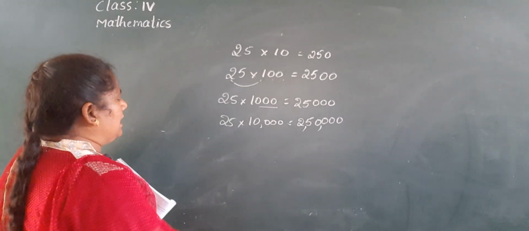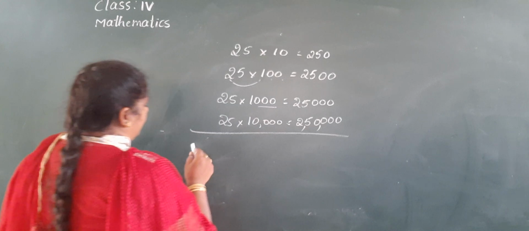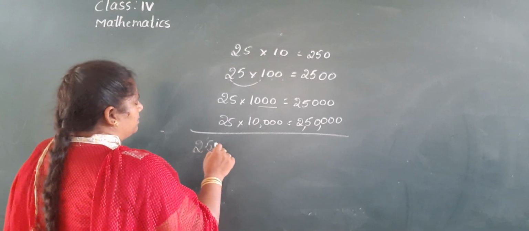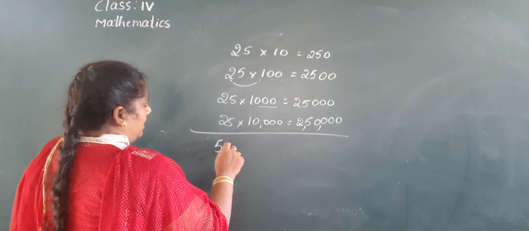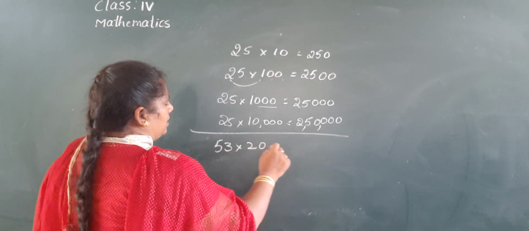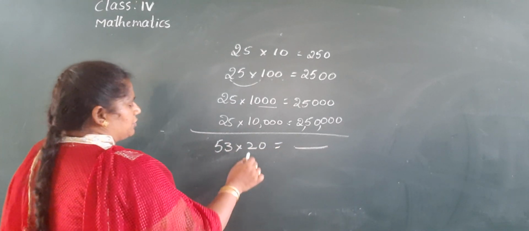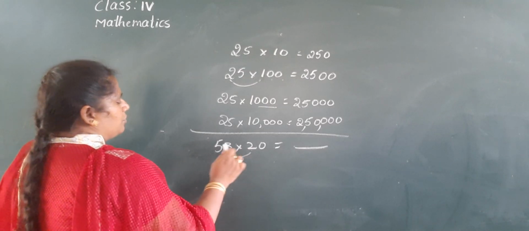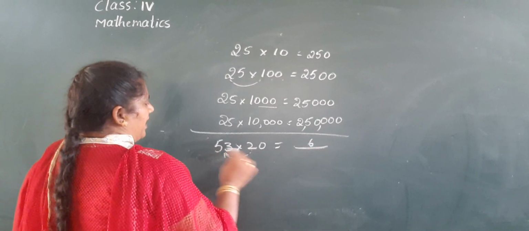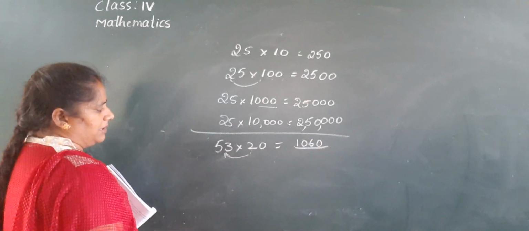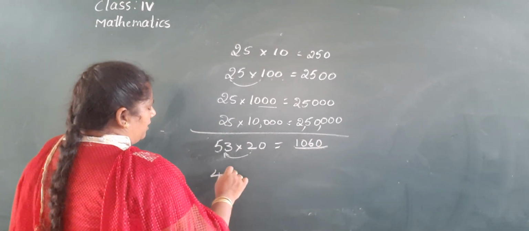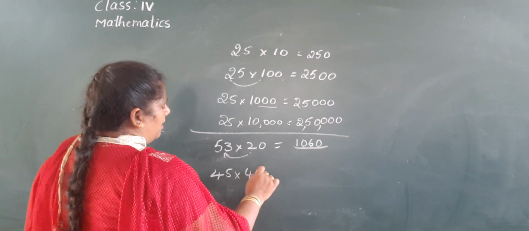If we multiply the multiples of 10 or multiples of 100, let us take 53 into 20. How can you multiply, children? First you multiply the numbers. 2 3s are 6, 2 5s are 10, and we keep this 0 to the right side of this number. Or 45 into 400.